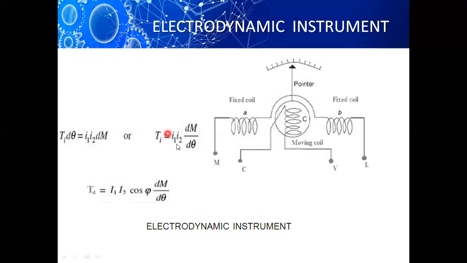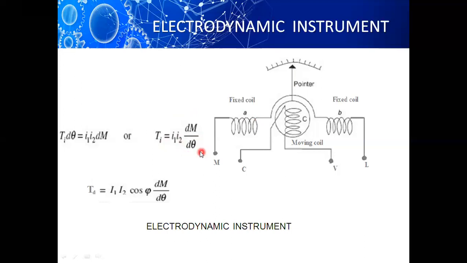I1 is the instantaneous current flowing in the fixed coil, and I2 is the instantaneous current flowing through the moving coil, and M here is the mutual inductance between the fixed coil and the moving coil, and theta is the angle of deflection of the pointer. So this is how we have the deflecting torque given as I1, I2, dM by d theta.